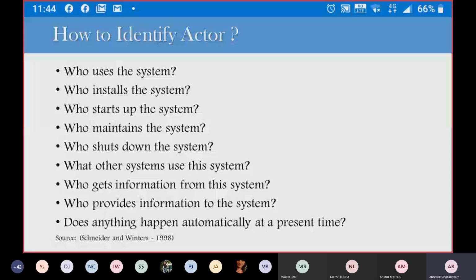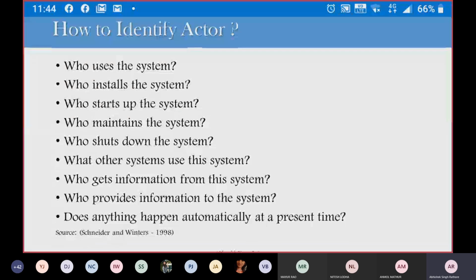Then, after identifying the system, find out what the different functionalities of your system are, and after identifying the functionalities, identify who the different users are who are using the functionalities of the system, or who install the system, who makes the system, who starts the system, who maintains the system, or who shuts down your system.